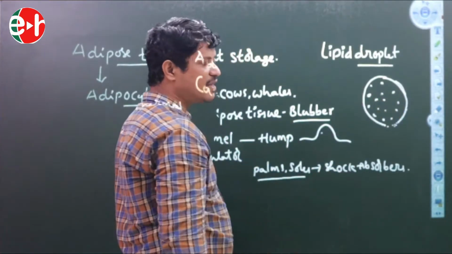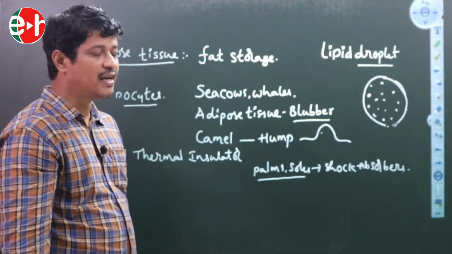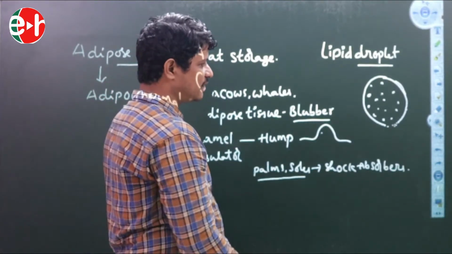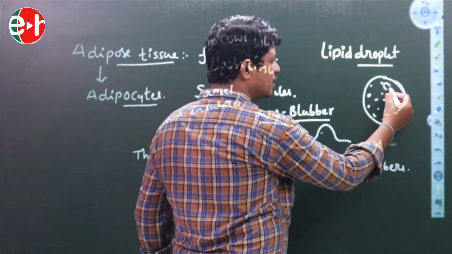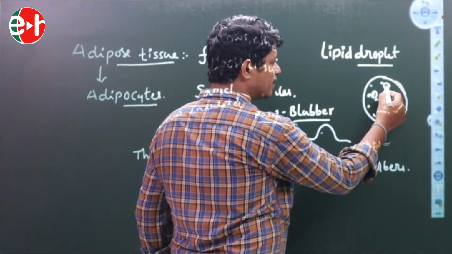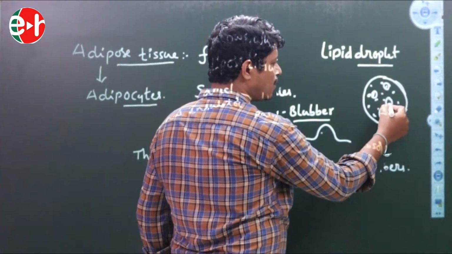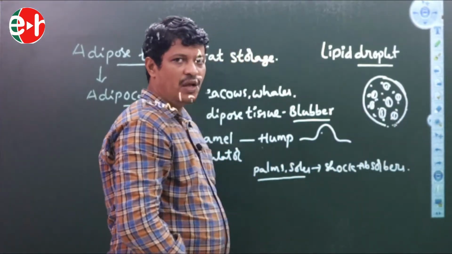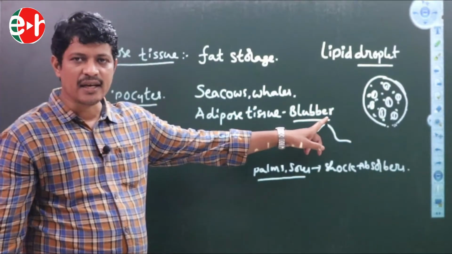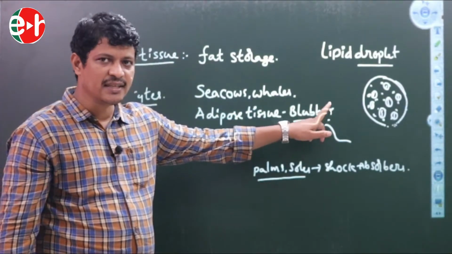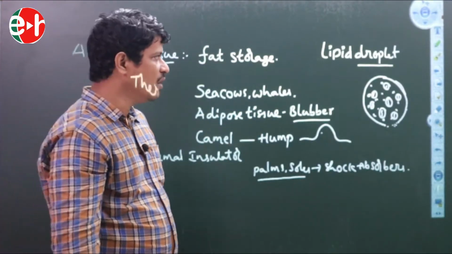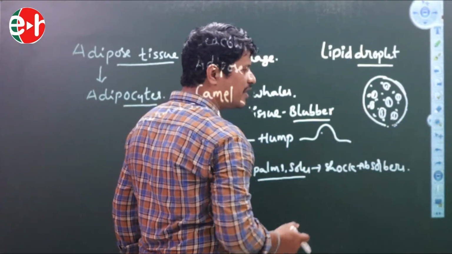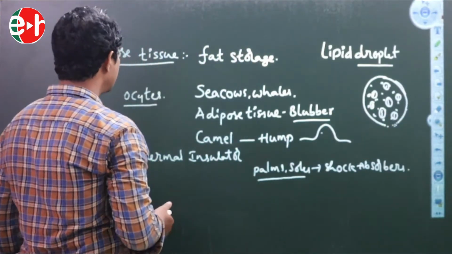And not only that, it contains several mitochondria. The number of mitochondria is also higher here. Due to the presence of the mitochondria in infants and fetuses, it gives heat to the body. So according to the presence of the lipid droplets and the mitochondria, they are segregated into different types.